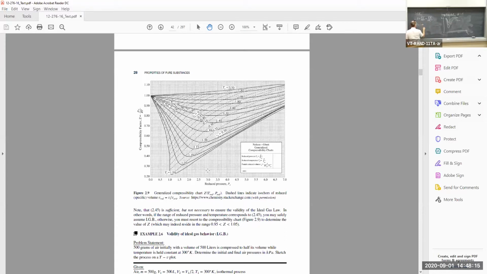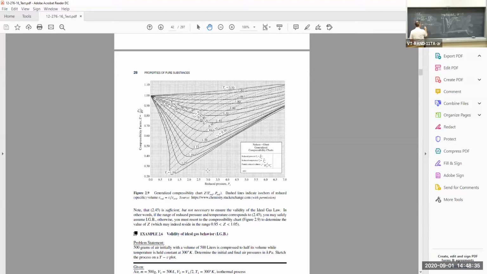We get pressure times volume is equal to mass times the gas constant times temperature. If Z is equal to 1, or approximately equal to 1, you can put approximately here if you want, then I get PV is equal to MRT, okay?